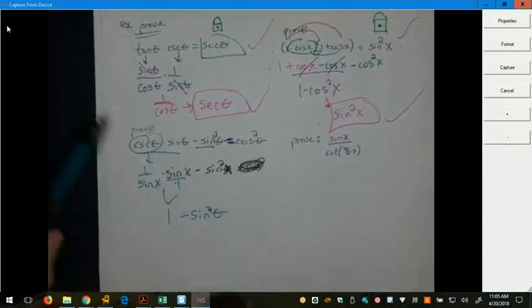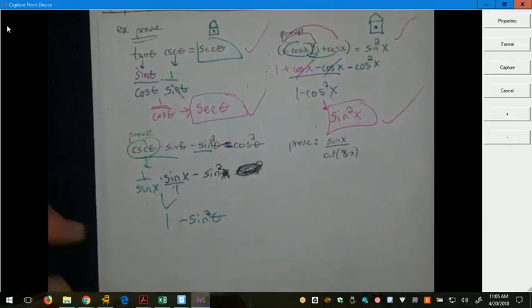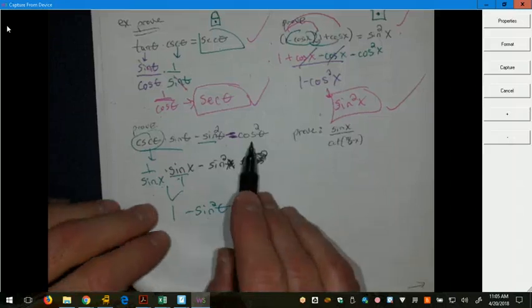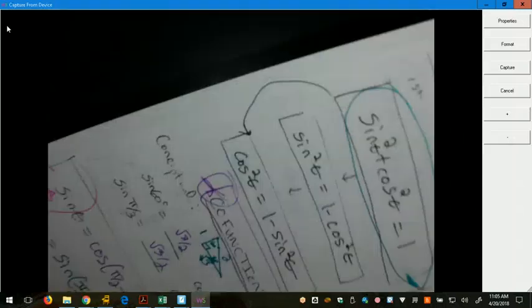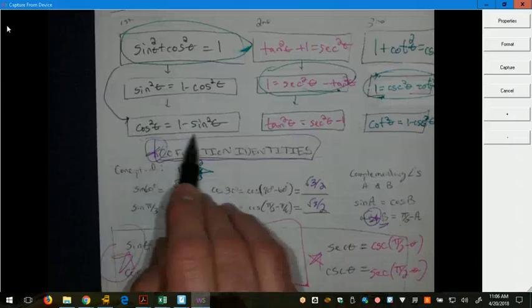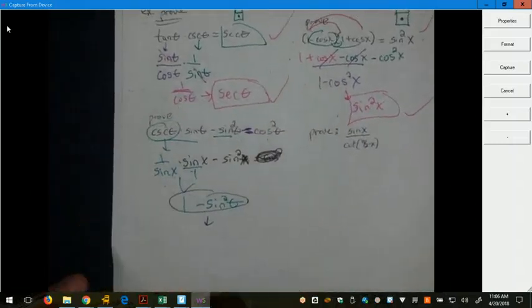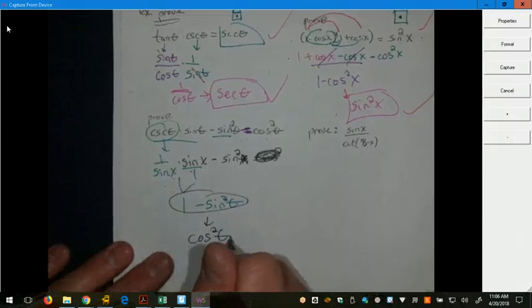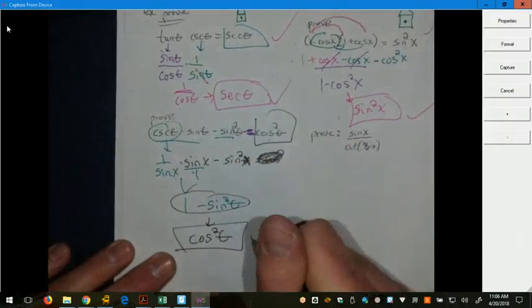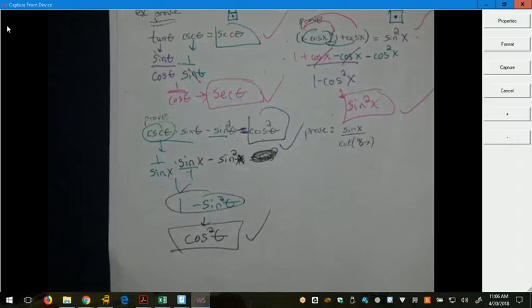Hey, that looks familiar. I know what it is, maybe you don't, but you see that squared, so you go back to your Pythagorean identity, and you see that cosine squared theta is equal to 1 minus sine squared theta. So I can say, well, using the Pythagorean identity, I don't have to write that part down. This is cosine squared theta, which is what I was trying to prove, so I can check that off.